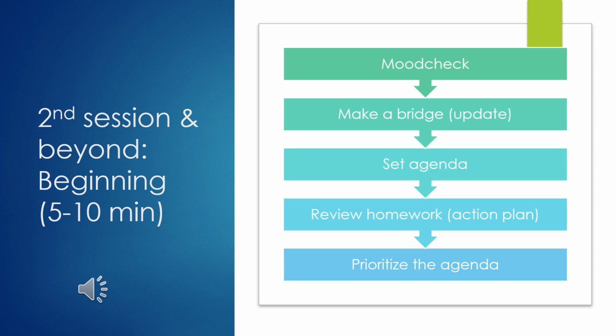It's not like every session is discrete and separate from other sessions, but everything flows coherently from start to end, so that you are actually working toward those treatment goals that you've shared with your client.